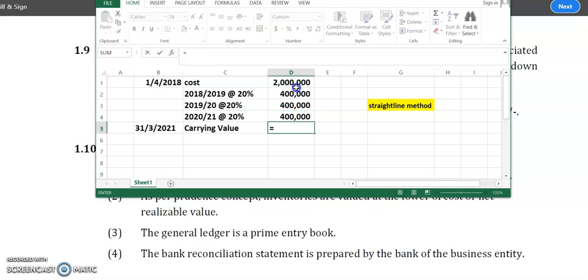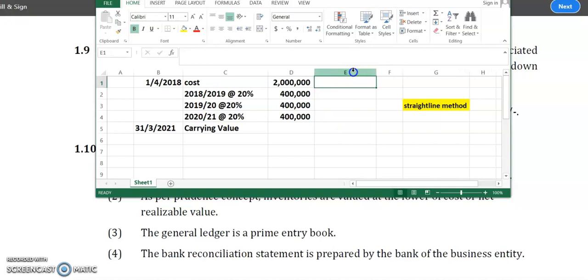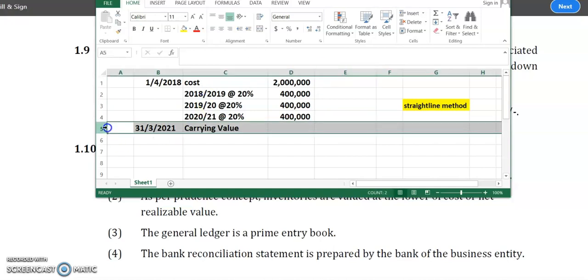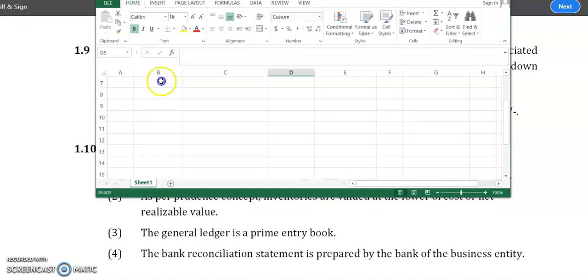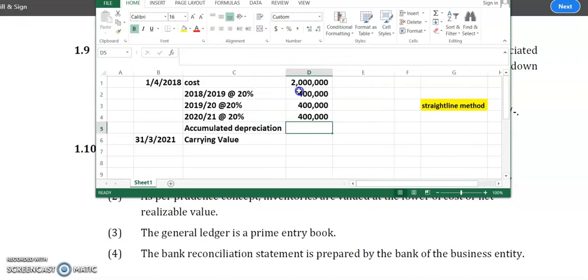Now to calculate the carrying value, what is the accumulated depreciation? The accumulated depreciation is the sum of all the depreciation amounts.